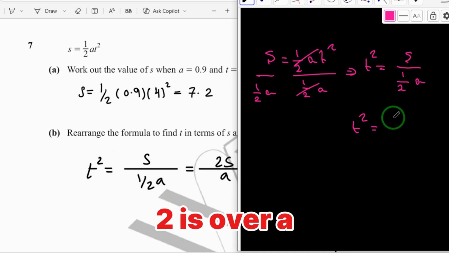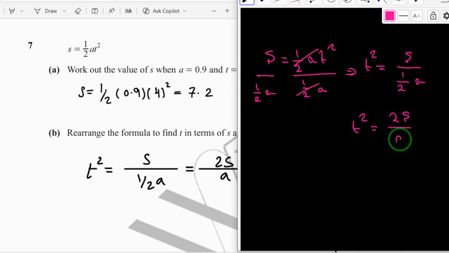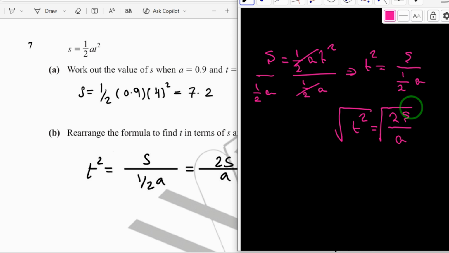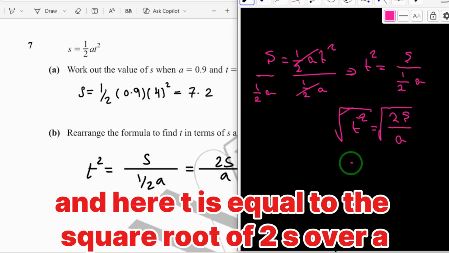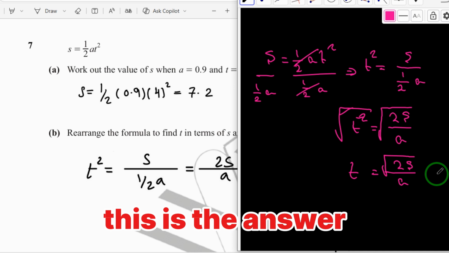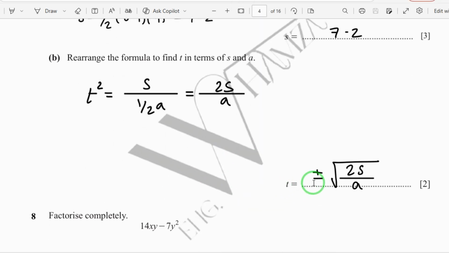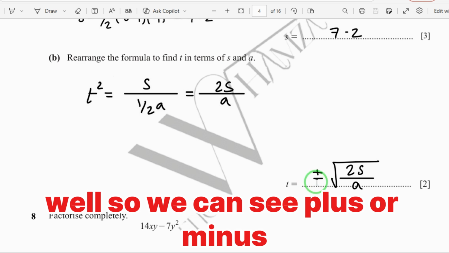Then we take the square root from both sides, and t is equal to the square root of 2s over a. This is the answer. Also we can say plus or minus.